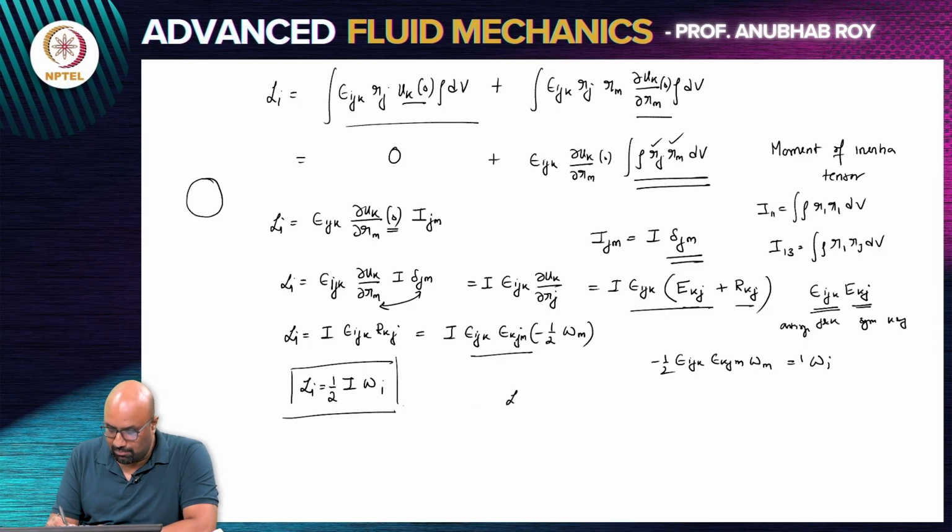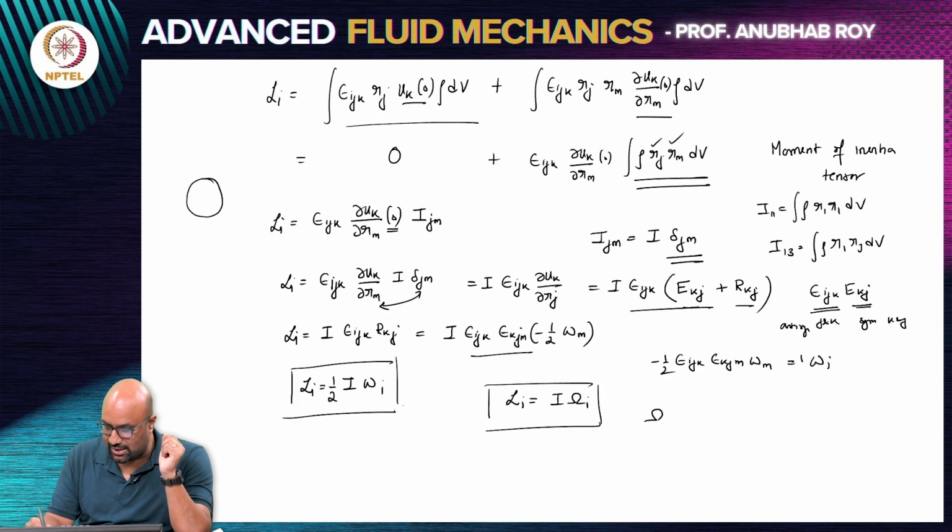Now, if you map this to what you know for a spherical particle that is actually spinning with an angular velocity omega, then the angular momentum is I omega, which again tells you the same thing, that the local angular velocity should be half of the local vorticity.